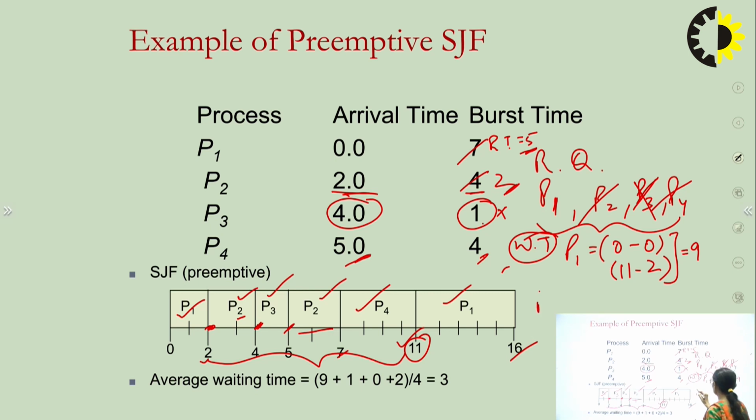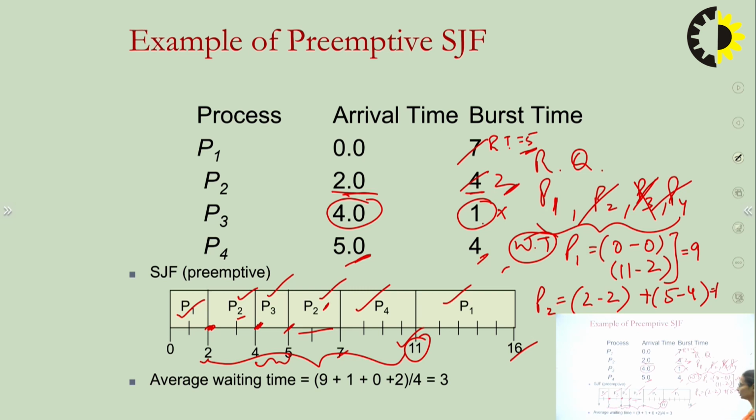Now, compute the waiting time for process P2. P2's arrival time is 2. The first time it is allocated the processor is again 2. So, no waiting has been done at this point, but P2 appears again here. So, this is the time it has spent in the ready queue, so this is 5 minus 4, which is 1.